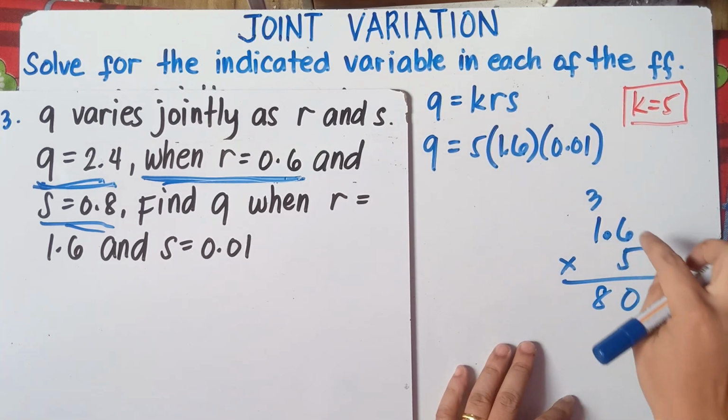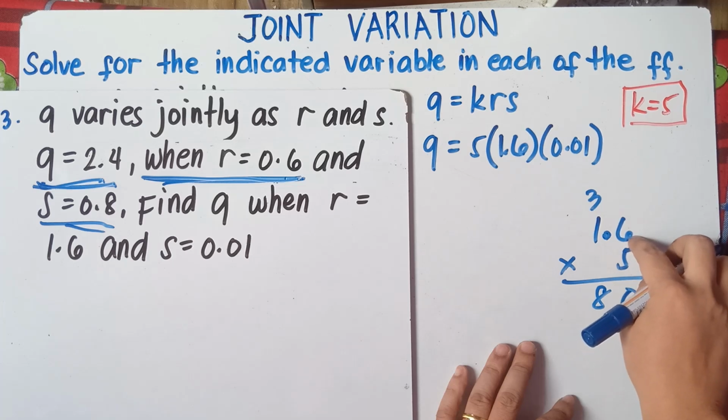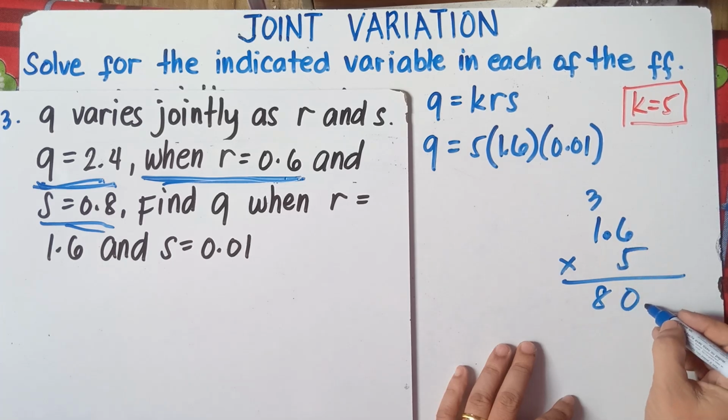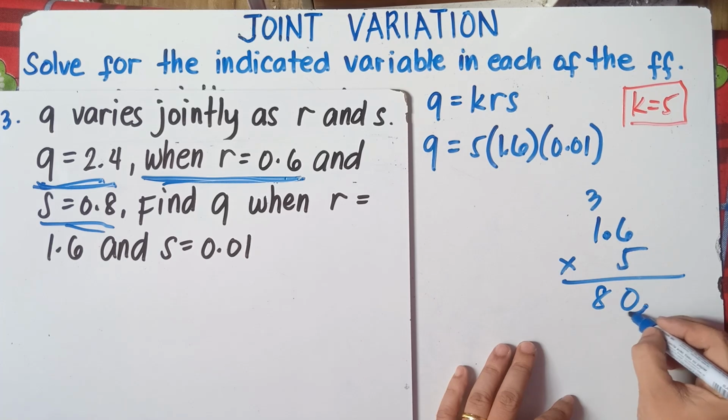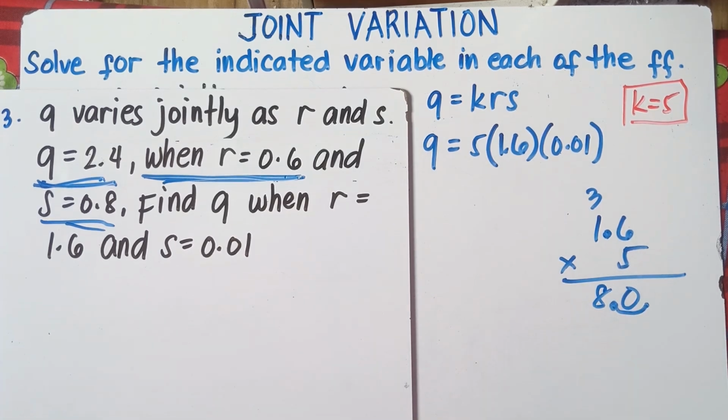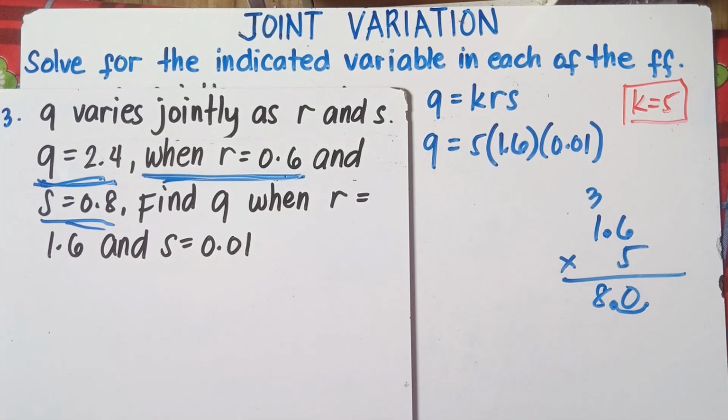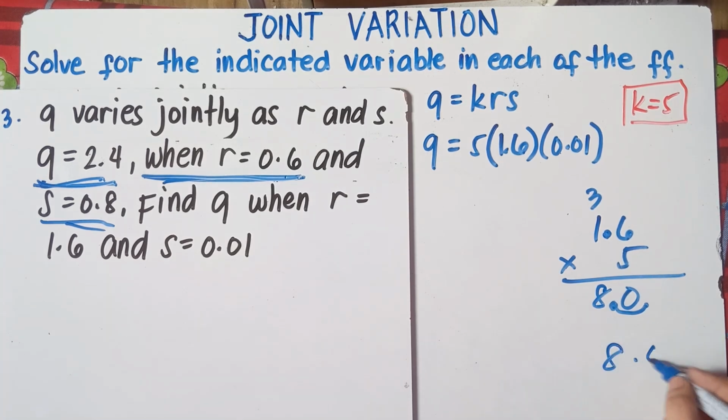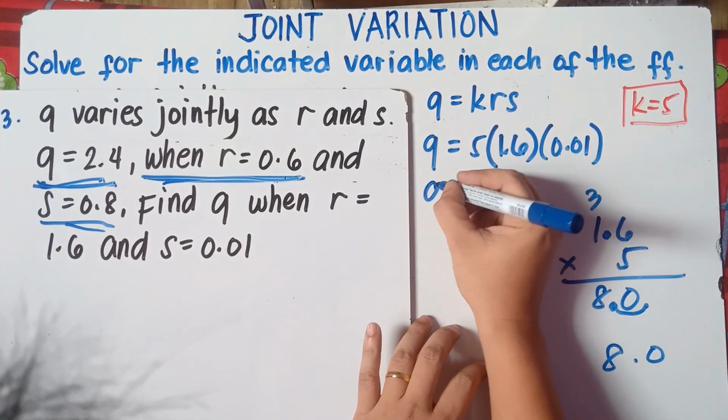So we have 1. So therefore, 1 decimal place. Starting from this point, you move 1 unit. So that would be 8.0. So 1.6 times 5 is 8.0. You can actually write 8. That's the same. 8 and 8.0 is just the same. Or let's just write 8.0. That's actually okay.